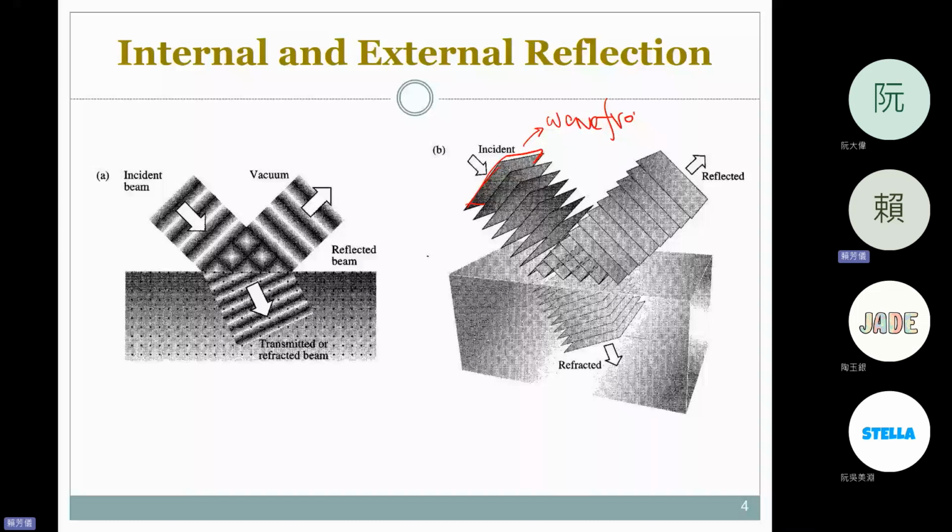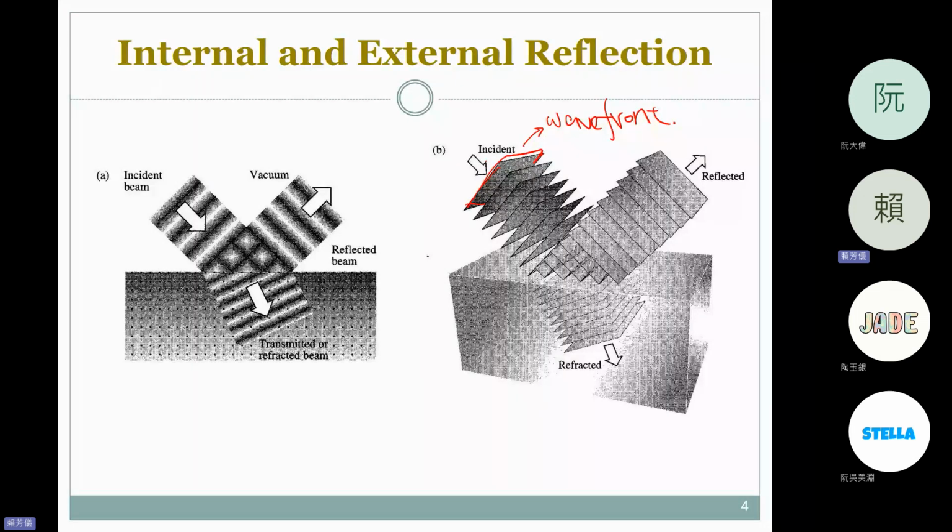What is a wavefront? A wavefront connects points with the same phase. When the phase is the same, they construct the wavefront.